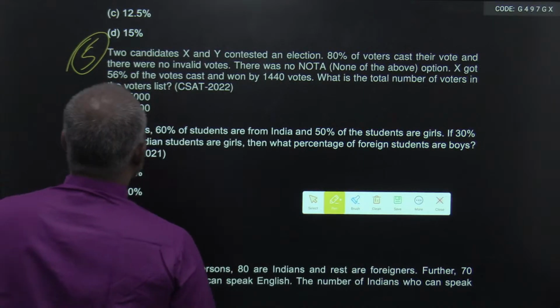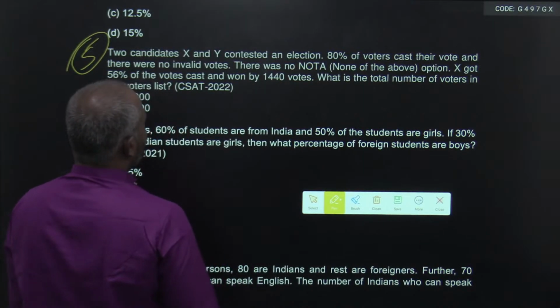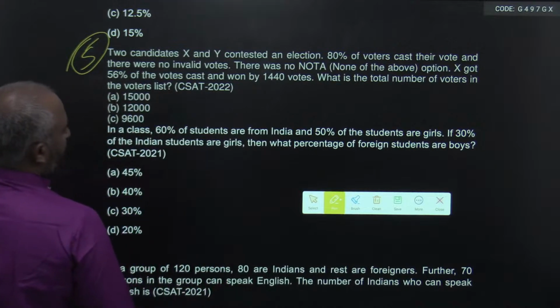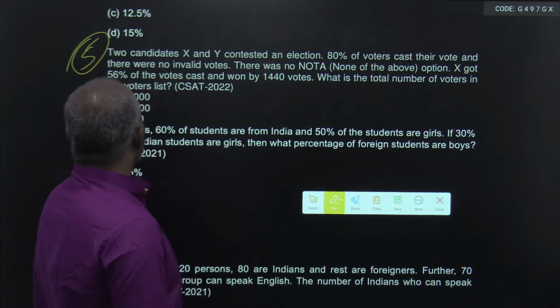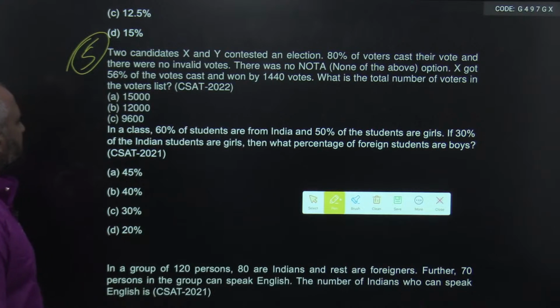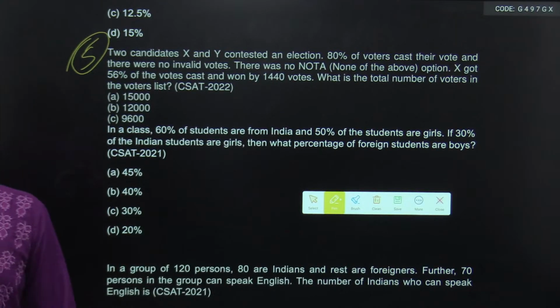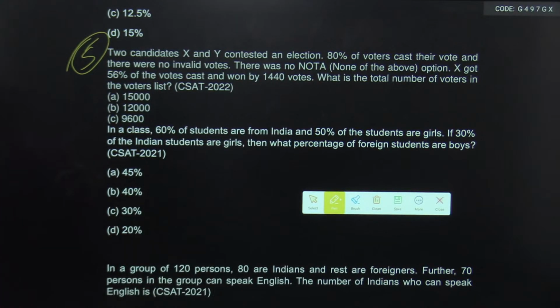X got 56% of the votes cast and won by 1440 votes. What is the total number of voters in the voters list? Take a minute.